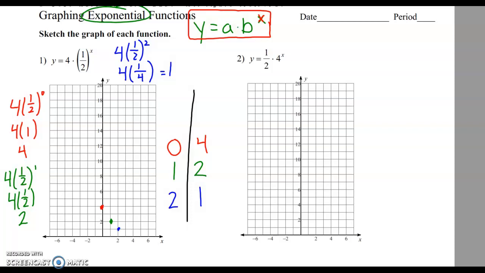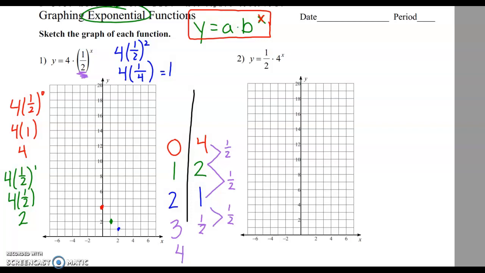So then, like we talked about, you can either use the table or the equation to figure out the pattern there. So we can see 4 times what is 2 times what is 1? Well, that would be multiplying by 1/2. You can also see that in the equation because 1/2 is the base. So if I go out to the next one, 1/2 of 1 would be 1/2 to get the point (3, 1/2).